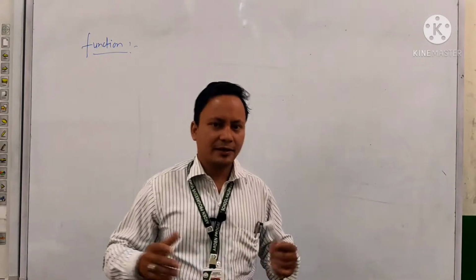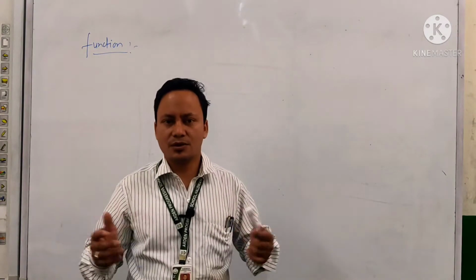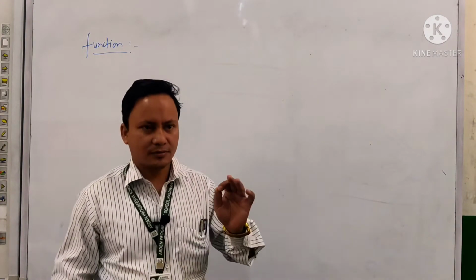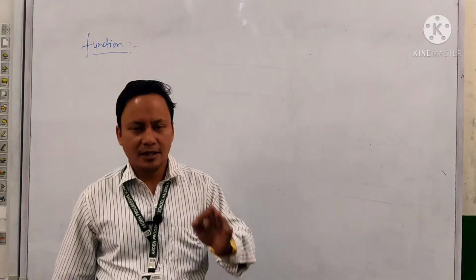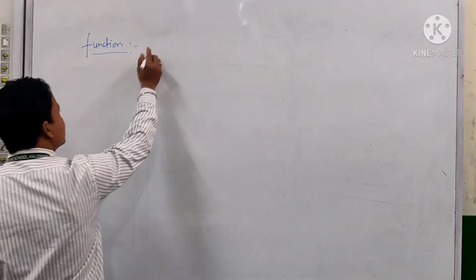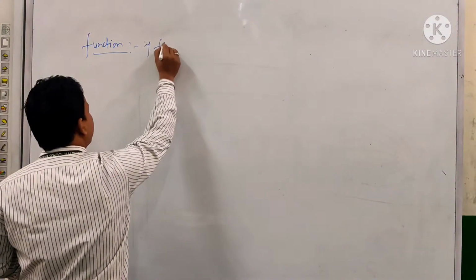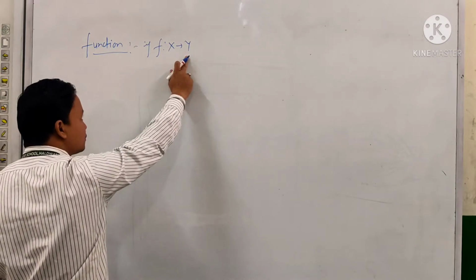You know that in a relation the association may be unique and may not be unique. But it is a condition for any relation to be a function that the association should be unique. So the definition of function is: if f from x to y, it means f is a function from x to y.